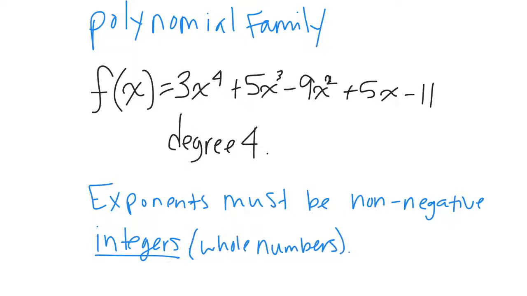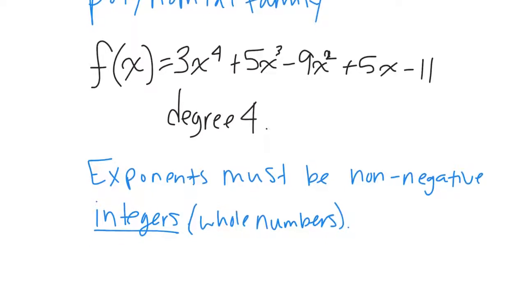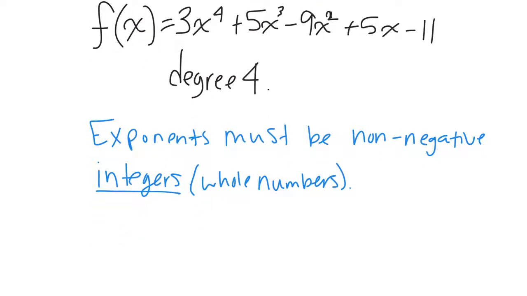So why don't we want fractions or decimals? Well, think about what happens when you have a fraction for an exponent. If I had something like x to the 1/2, we know that x to the 1/2 is really the square root of x. So that is going to be a different family of functions.